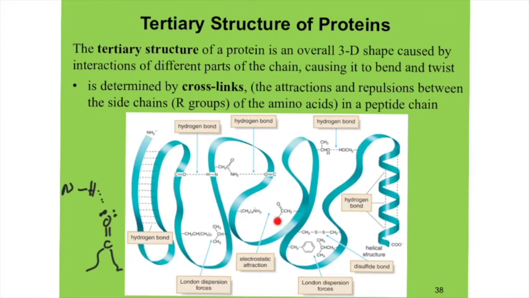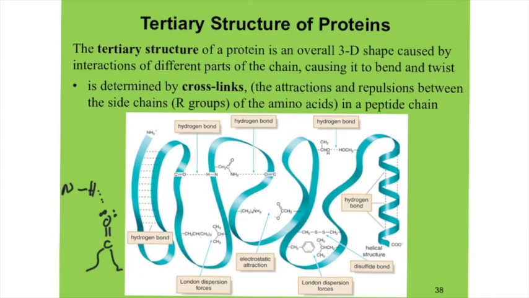Here we have a salt bridge. This is an electrostatic interaction, and this is occurring between the positively charged nitrogen on lysine and the negative charge on aspartate. Okay, so that's a salt bridge or electrostatic interactions. Okay, down here we have phenylalanine, and over here we have leucine.